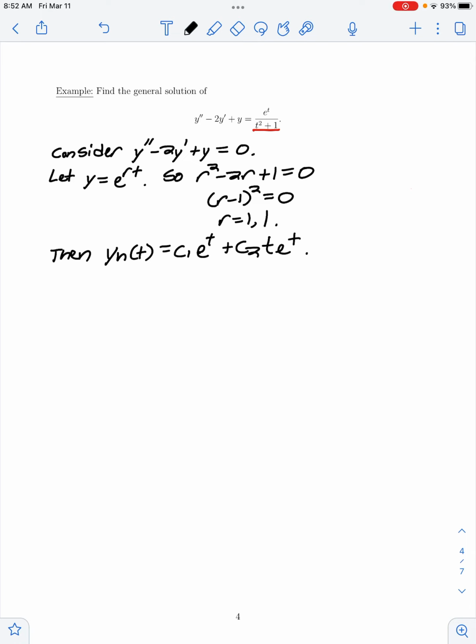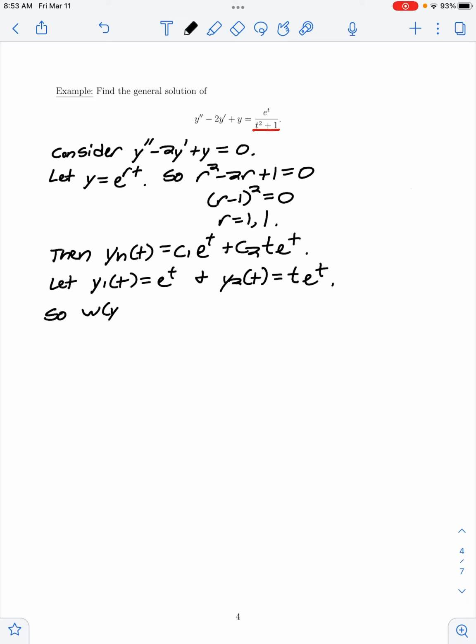And to find our particular solution, we're going to calculate u1 and u2 using the formulas we derived. And again, both of those formulas involve the Wronskian of the solutions for my homogeneous equation. So let's give these functions some names. We have y1, which I'll call e to the t, and y2 will be my t times e to the t.